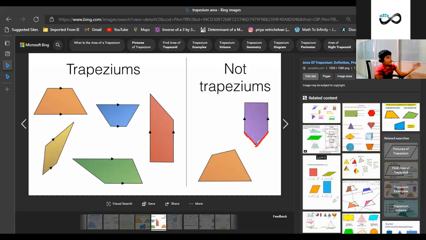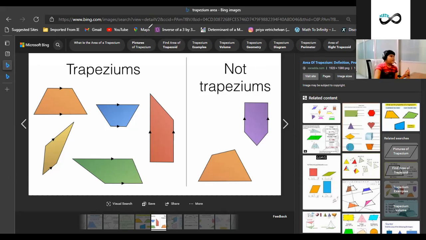You'll be able to notice a triangle. So for a trapezium, you must have parallel lines and non-parallel sides also. Both.